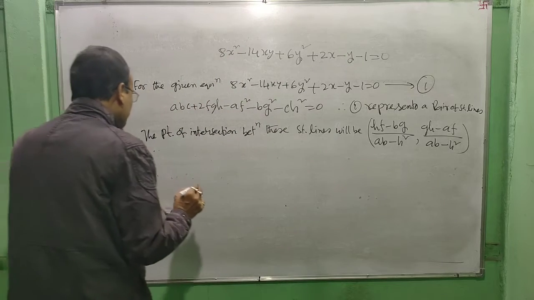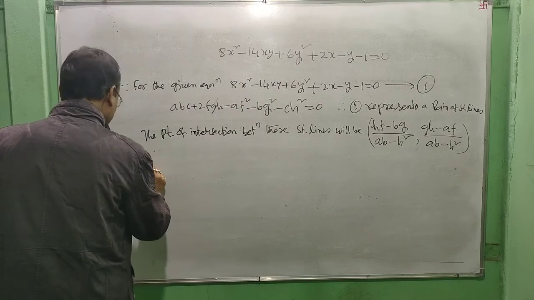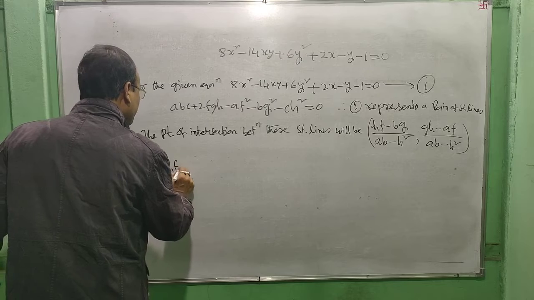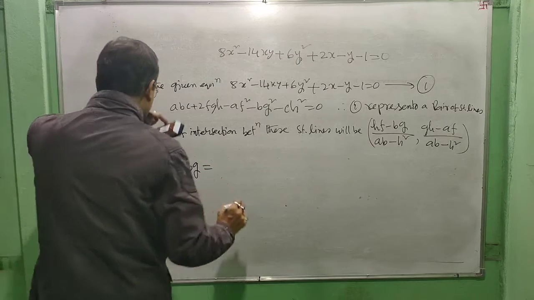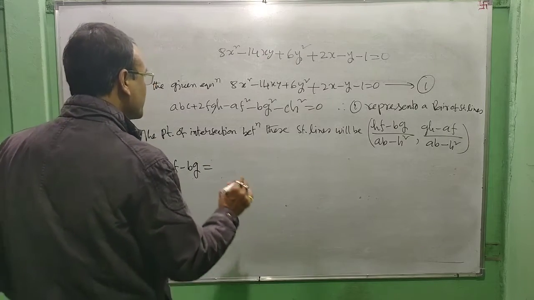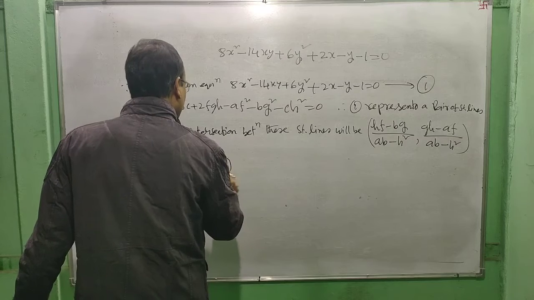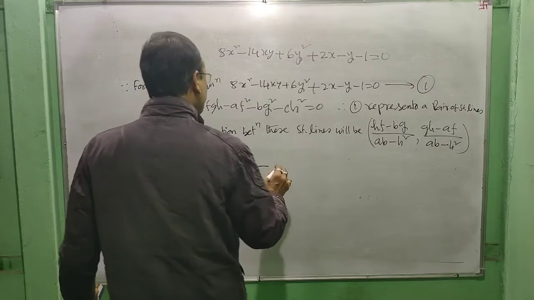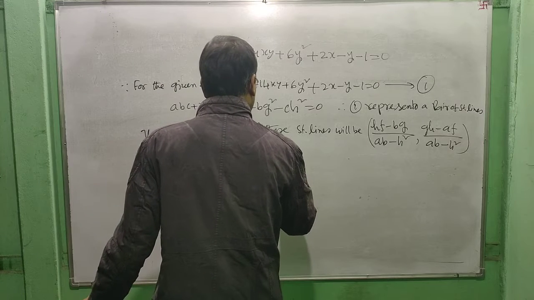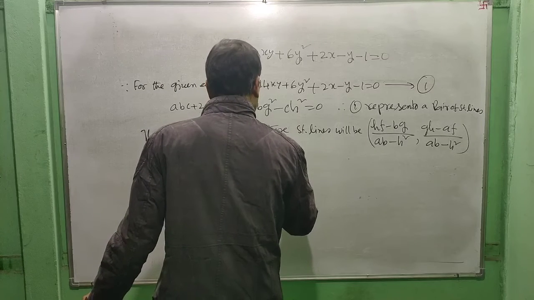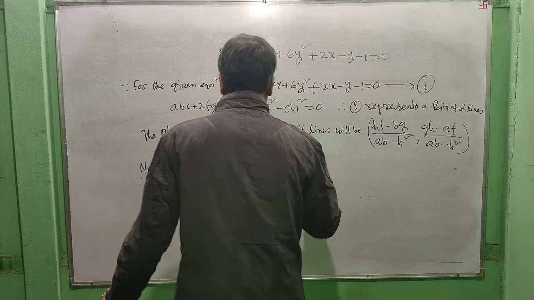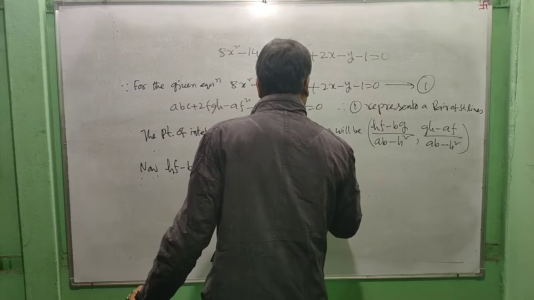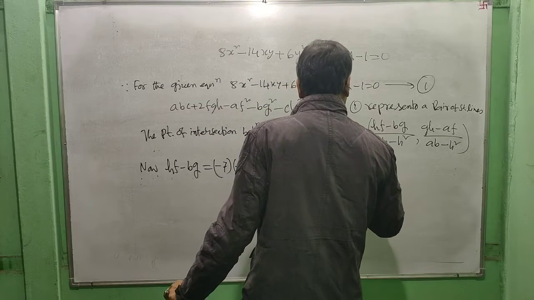Now, HF minus BG, this is equal to, what is H? Minus 7. F is minus half, minus BG, 6 into 1. This is equal to 7 by 2 minus 6 equal to minus 5 by 2.